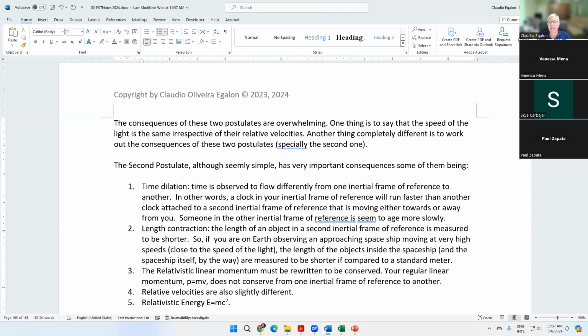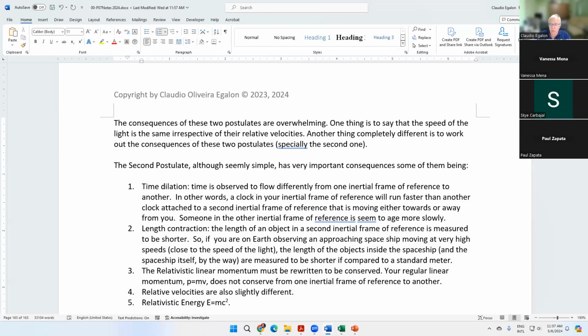So the way it works is like that: you have your meter ruler, your 1 meter long ruler here on Earth. And the other spaceship also has the same meter ruler in his spaceship. If I observe here from Earth the meter ruler in the other ship and measure its length, I'm going to measure it shorter. This is a fact as well.